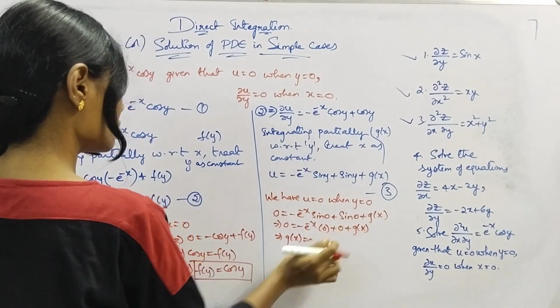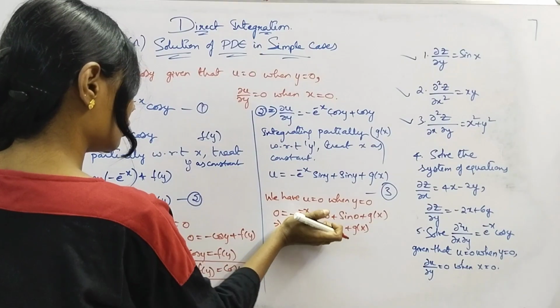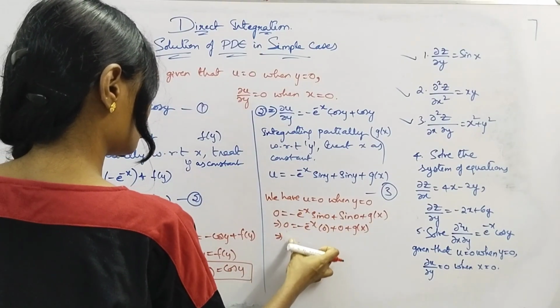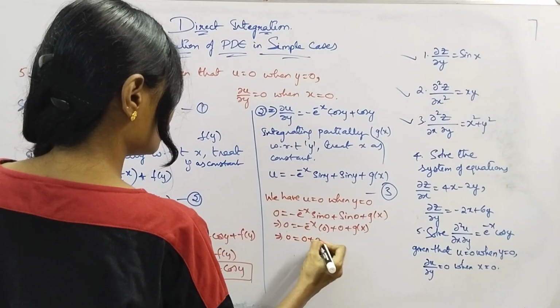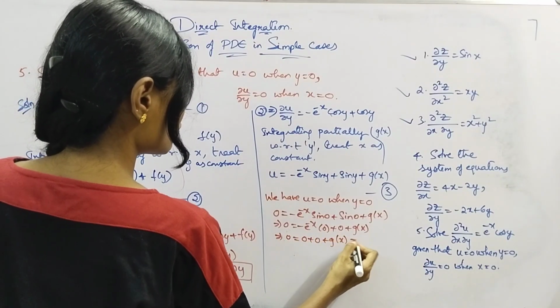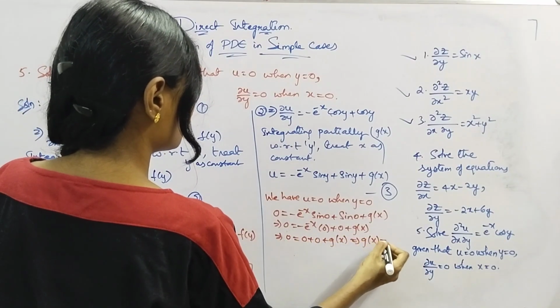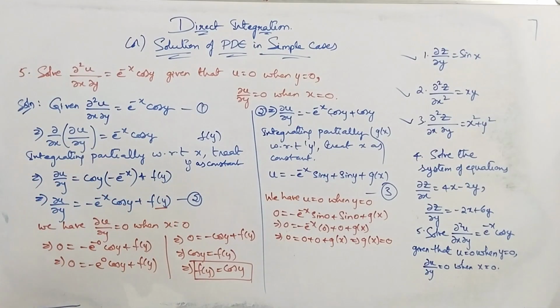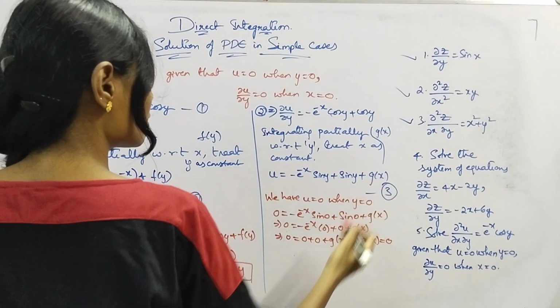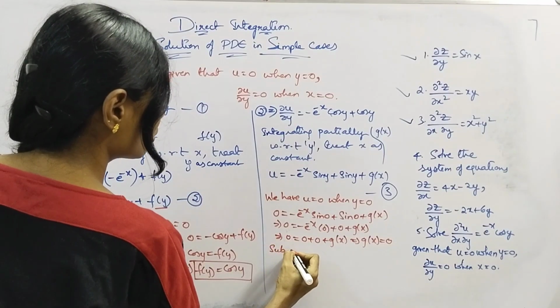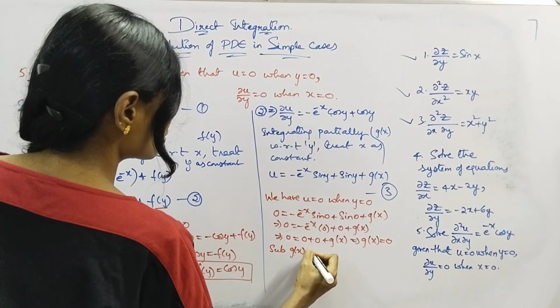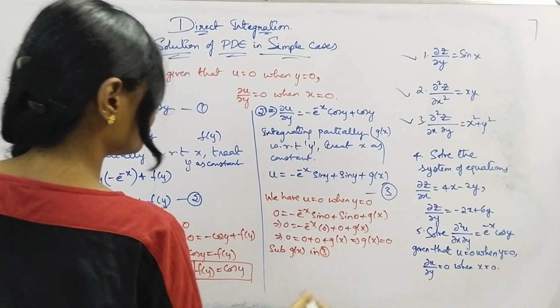Or you can write one more step, there is nothing wrong in it: 0 plus g of x, which gives us g of x equal to 0, right? Now substitute the value of g of x in equation 3.